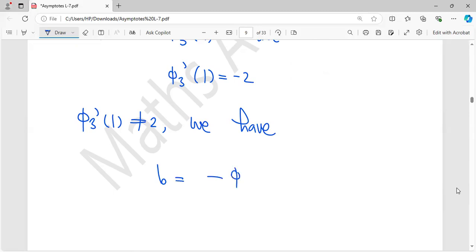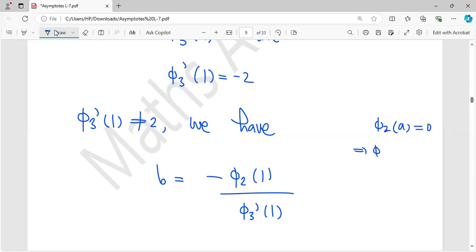That is minus phi 2 dash 1 upon phi 3 dash 1. But phi 2 of a is 0, so this implies phi 2 of 1 is also 0. So this is 0 upon minus 2, that is 0.